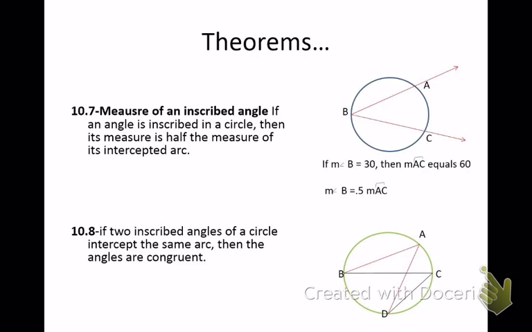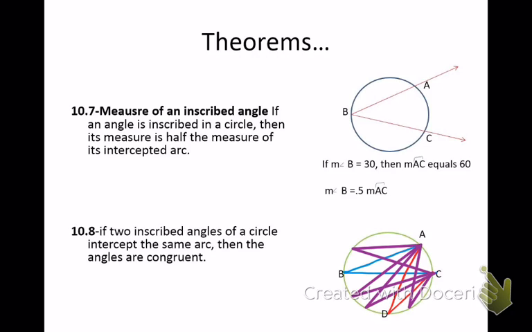So, for example, angle B intercepts arc AC. Well, if you trace out angle D, it intercepts arc AC also. As a matter of fact, you could keep making inscribed angles that intercept the exact same arc from anywhere. There's an infinite number.